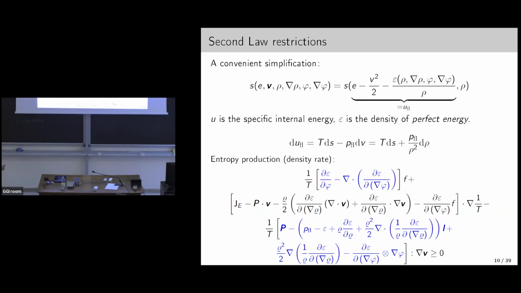Therefore, the concept of dissipation, what is dissipative, is extended in the sense that all fluids where the P equals this pressure of the perfect Korteweg fluid, or even more general, should be considered as idle or non-dissipative because this part is zero.